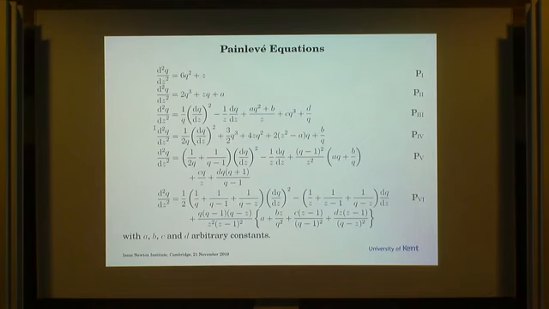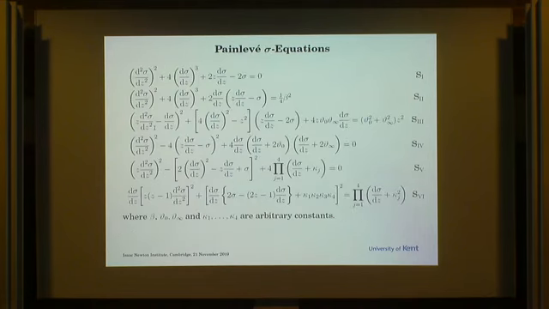But related to these are six second-order, second-degree differential equations, known as the Painlevé sigma equations. They're in a one-to-one correspondence with the six Painlevé equations, in that knowing the solution of one, you can get the solution of the other. I'm not going to go through the details, I gave that in the master classes I gave in September.